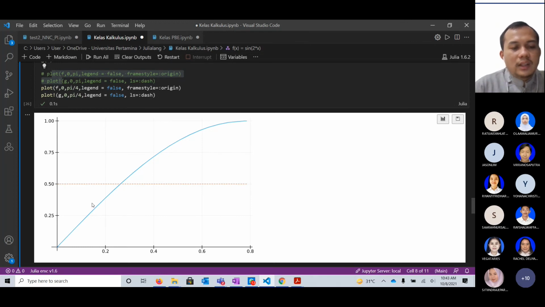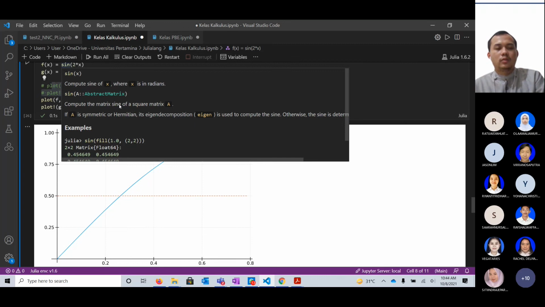Even if we shift the dashed line from down up to 1, the dashed line is always intersecting the blue curve one time. In that case, in this interval, we say that sine of 2x is 1-to-1.